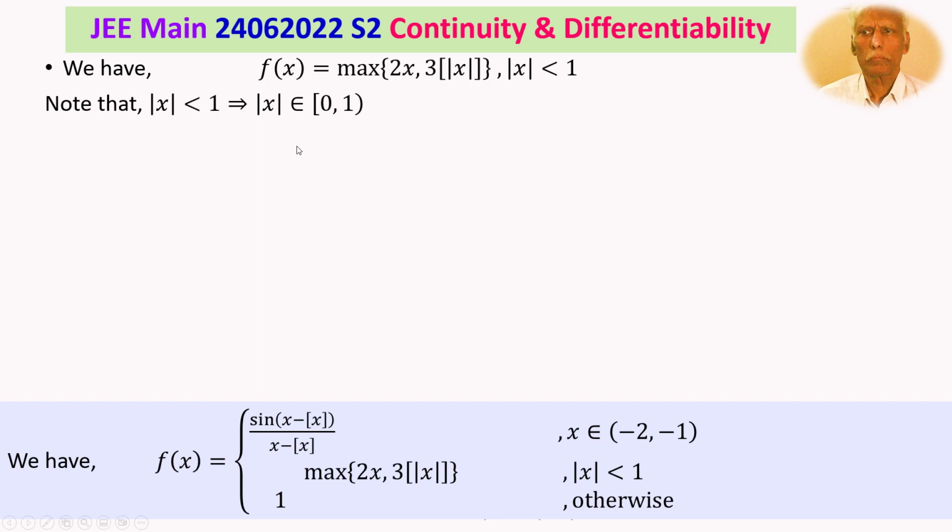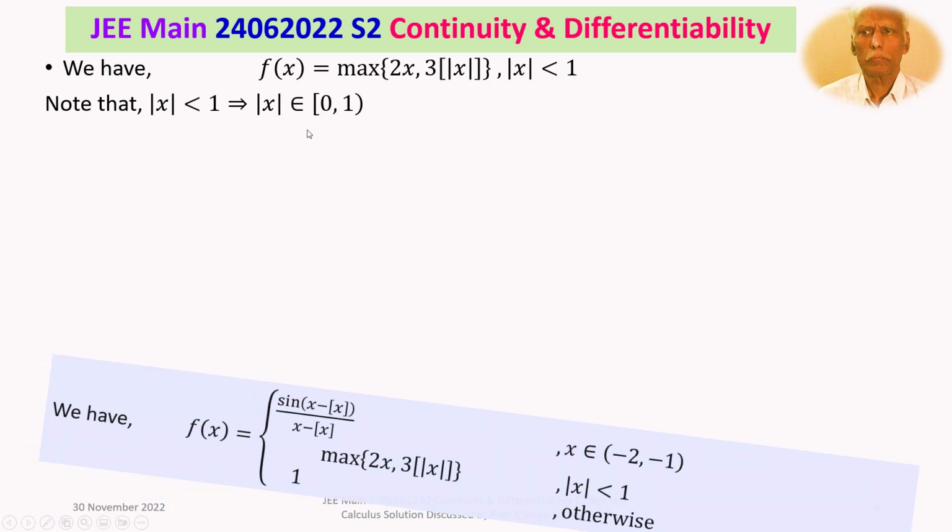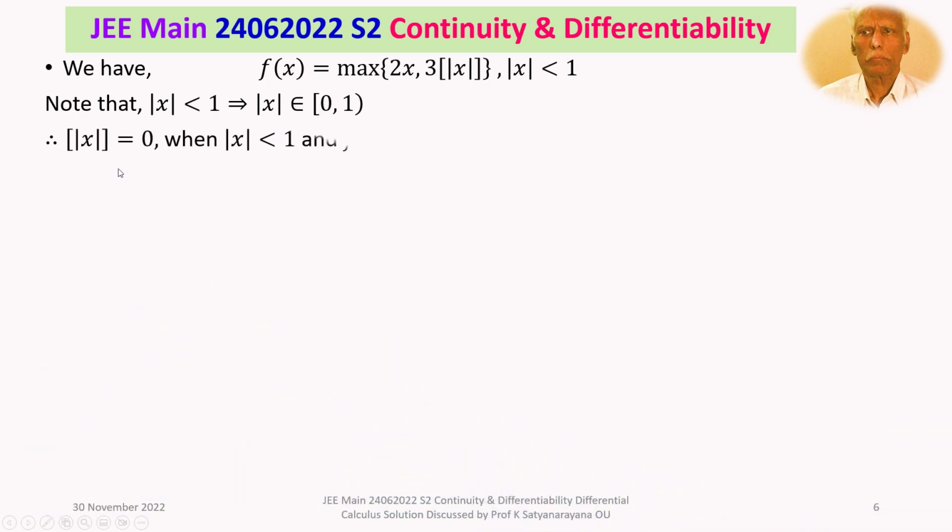Yes, it can take the value 0 also. So when mod x belongs to this, the bracket of mod x, that is, the greatest integer not exceeding mod x, will be 0.